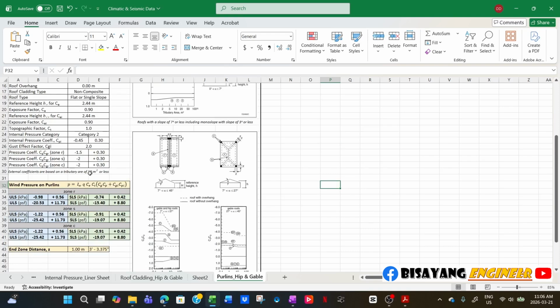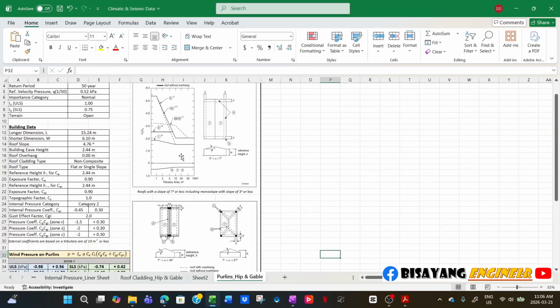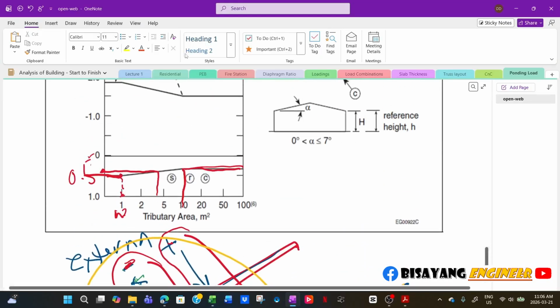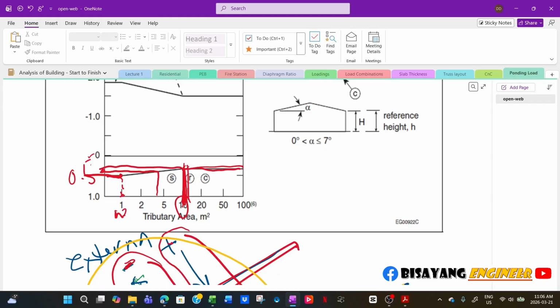But like I said, if your tributary is less than that, if you want to be more specific, all you have to do is look at the graph. This is the same graph. For purlins, because it assumed at least 10 square meters tributary, the value of S, C, and R is much lower than the components and cladding.